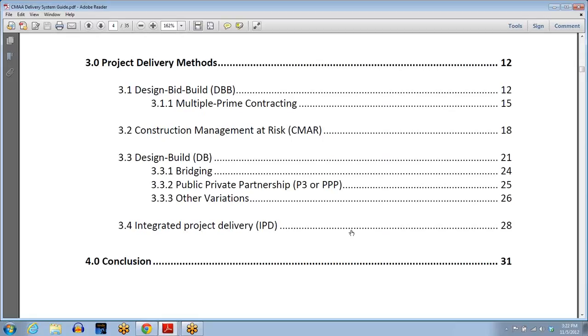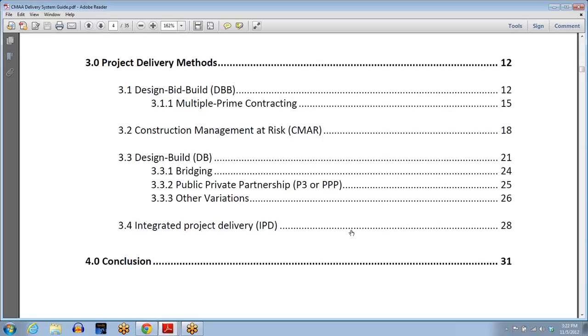Let me remind you, you can either select your delivery system and then interview companies who provide that delivery system to compare apples to apples, or you can interview the most qualified people that you think would be a good fit for you, and whichever one you pick, you use their delivery system, or maybe they'll provide more than one delivery system that you can choose from.